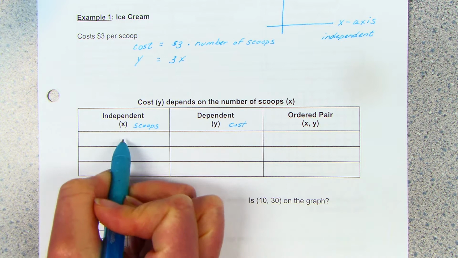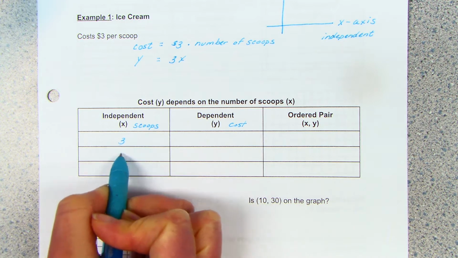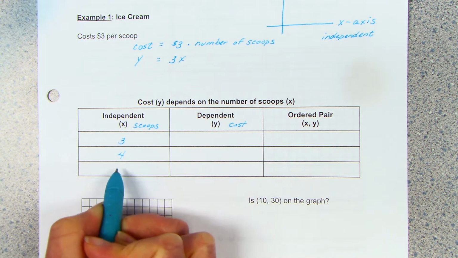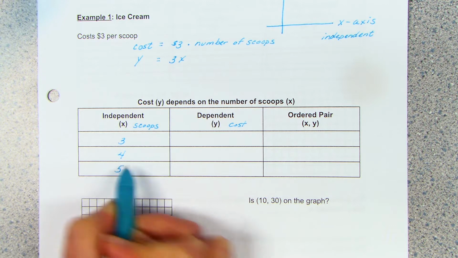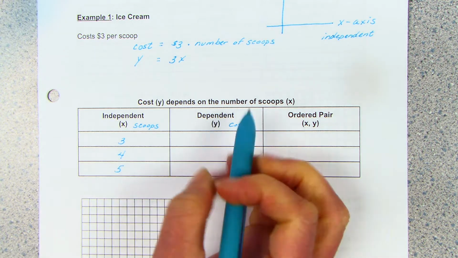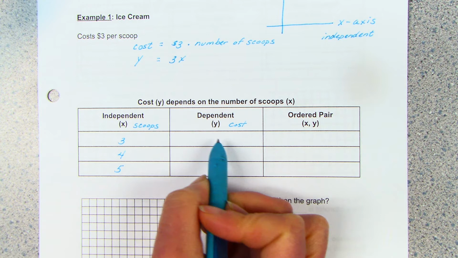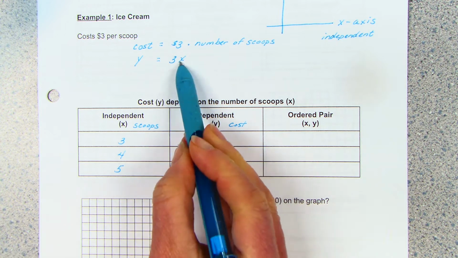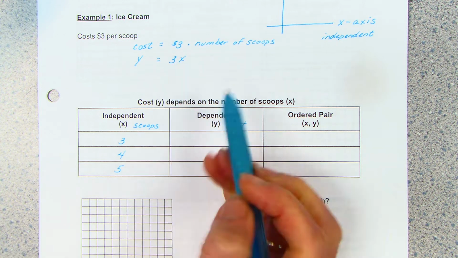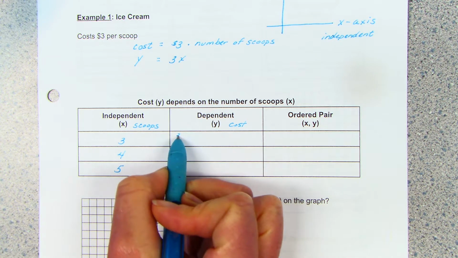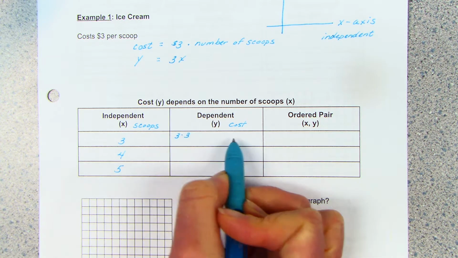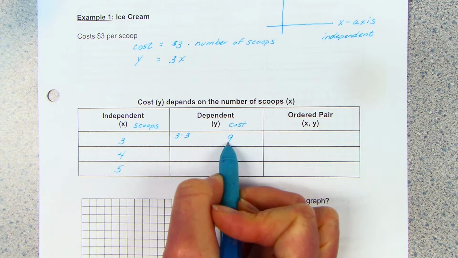So I'm going to do it for 3 scoops, and 4 scoops, and 5 scoops. So if I had 3 scoops and I substitute 3 back here, I get 3 times 3. Maybe I'll write that over to the side.